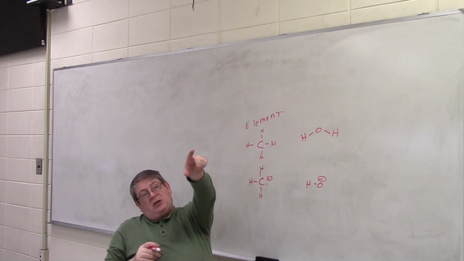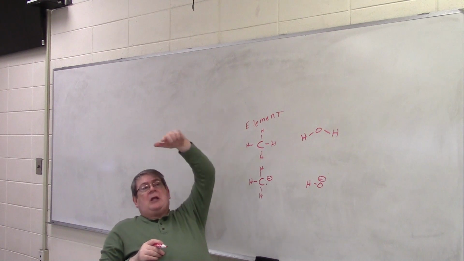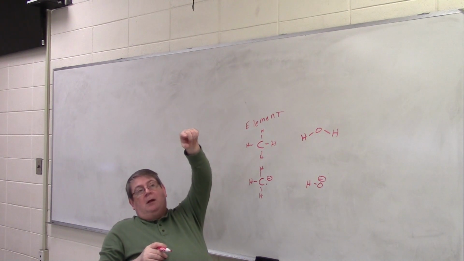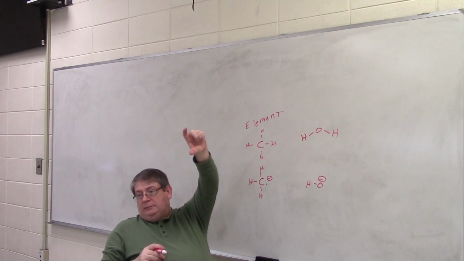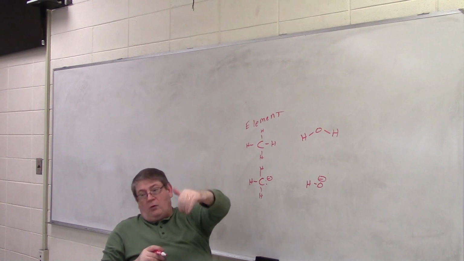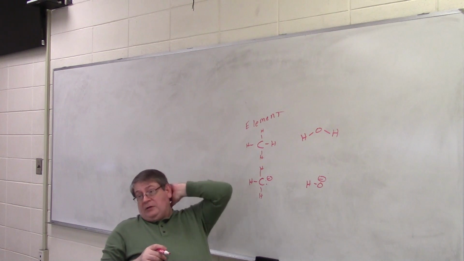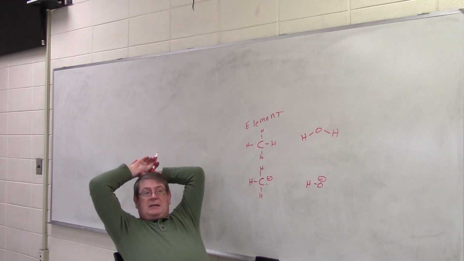So for example, HF is a weaker acid than HCl, is a weaker acid than HBr, is a weaker acid than HI. Just like in the oxygen family, water is less acidic than dihydrogen sulfide, because as I go down the family, the acidity increases. Does that make sense? Yes.